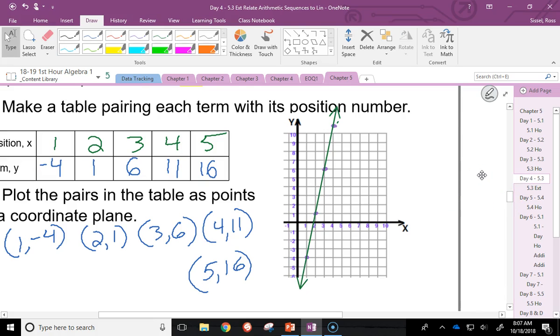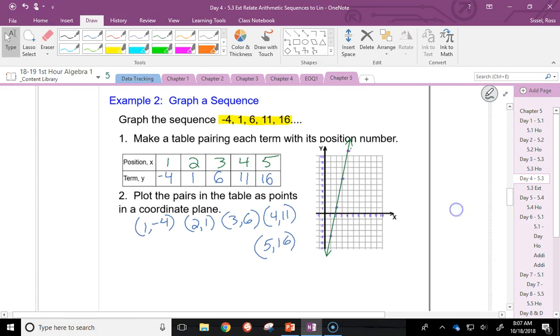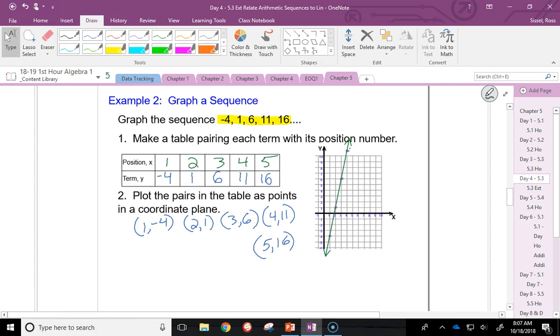Okay, so did this sequence of events make our linear graph? Did it make a straight line? Yes. So this one works. So if I start thinking about what happened here, I can think about finding slope. We could end up finding slope for any points that are crossing. Let's just do these because they're in the positive.